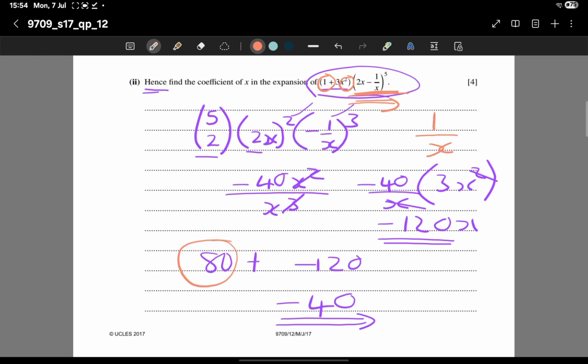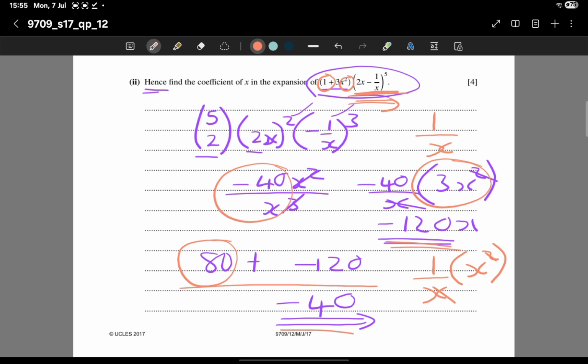For it to give us x, we know if we have 1 over x multiplying x squared, the answer will be x in the numerator. That's why we had to multiply this and this to get minus 120. Then we add those two, we get minus 40. I hope I made that clear enough.